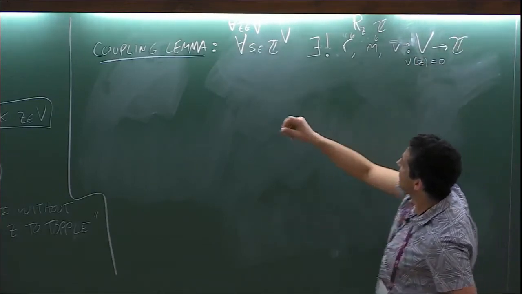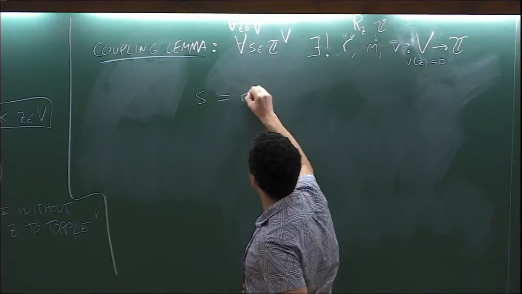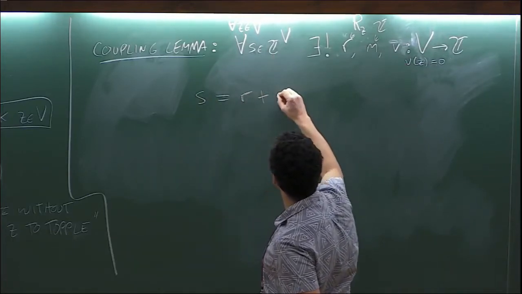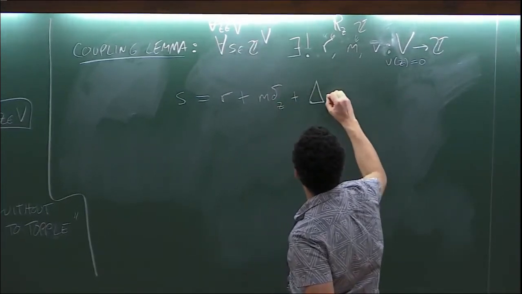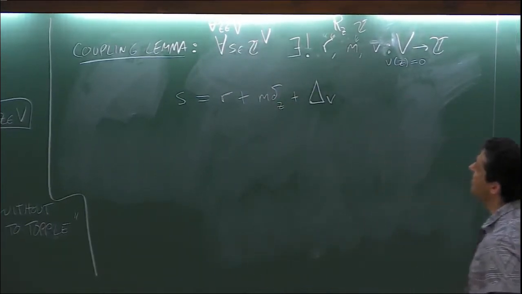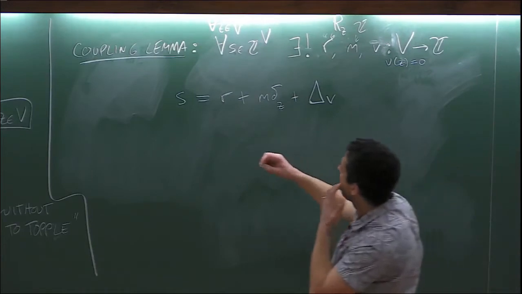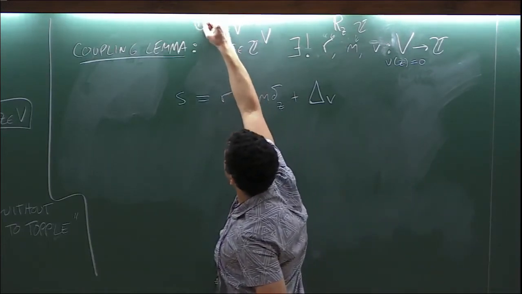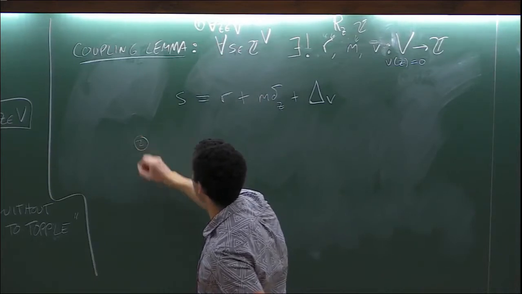Okay? So there's a unique triple such that you can write S as a sum: R plus M chips at the sink plus the Laplacian of v. Okay, so let's make that part 1 of the lemma.